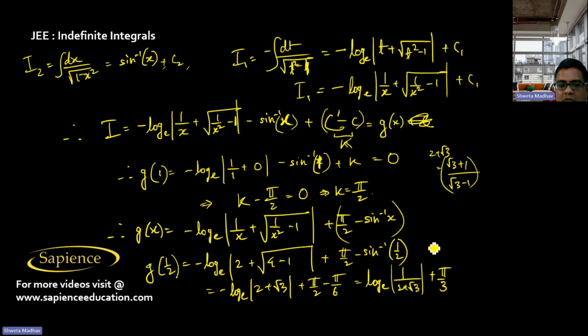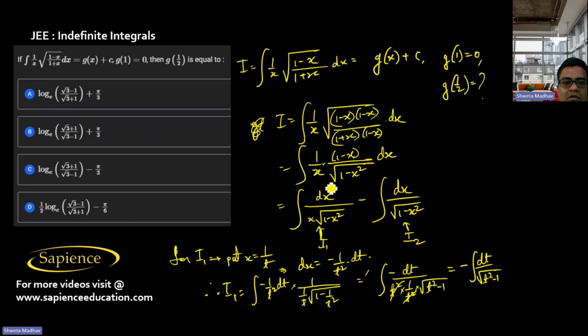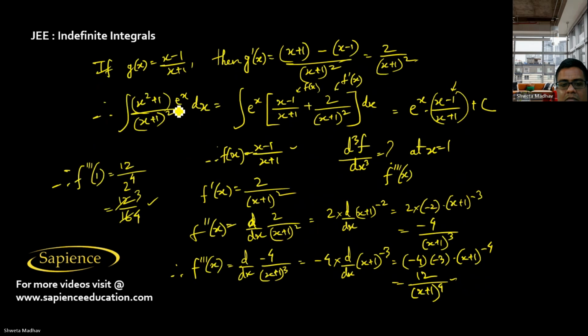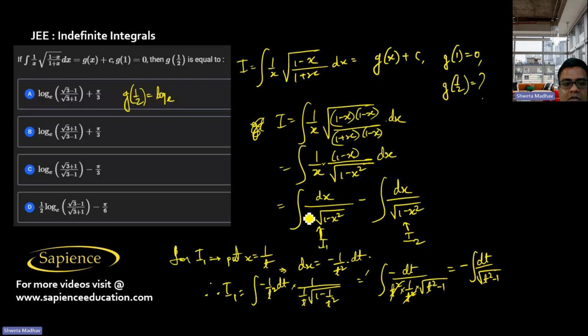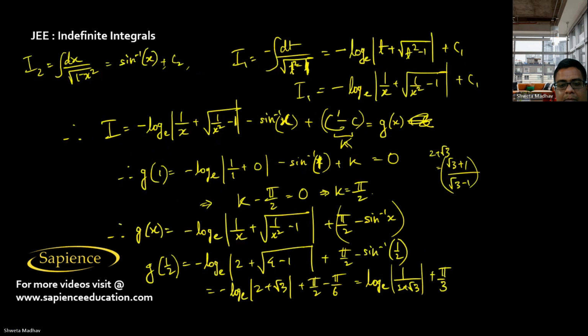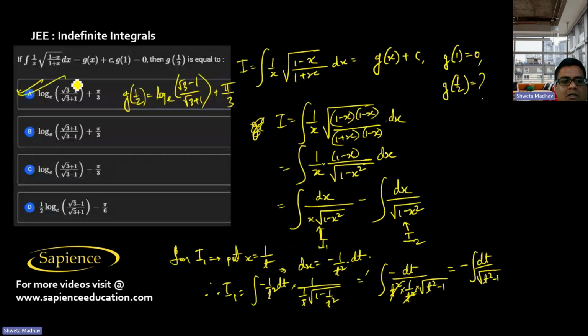So therefore g of half will be nothing but log base e mod root 3 minus 1 by root 3 plus 1, plus pi by 3. So option A is the correct answer.